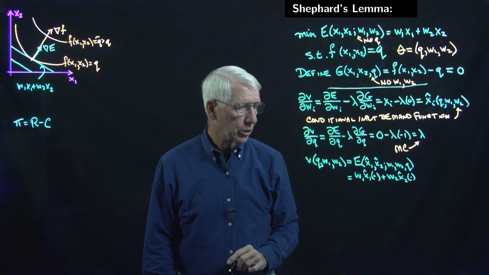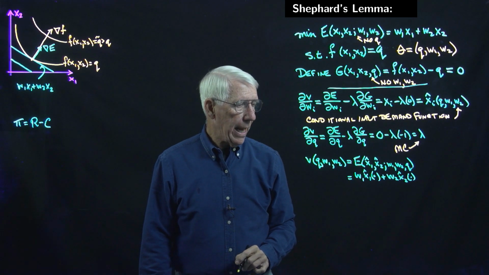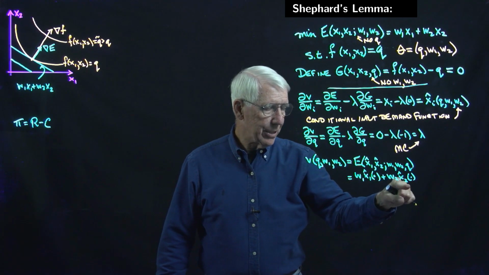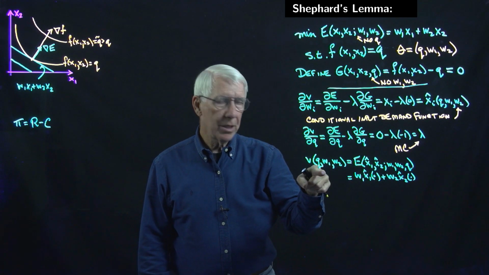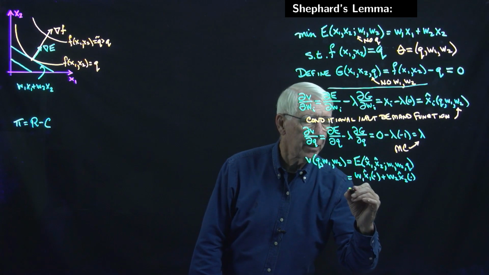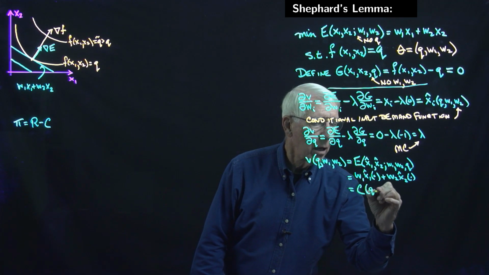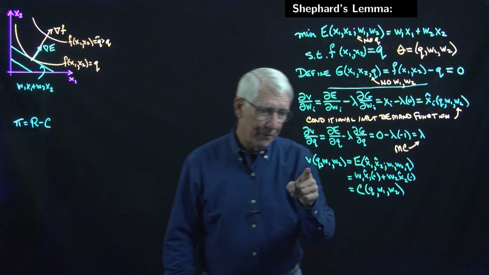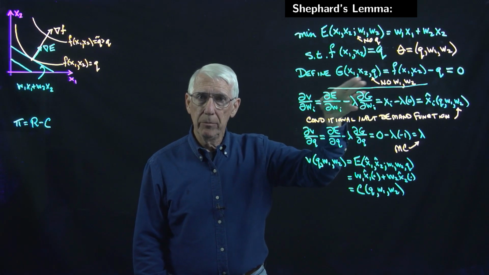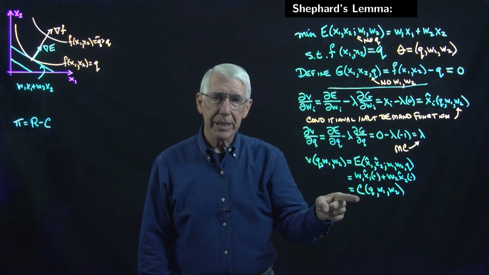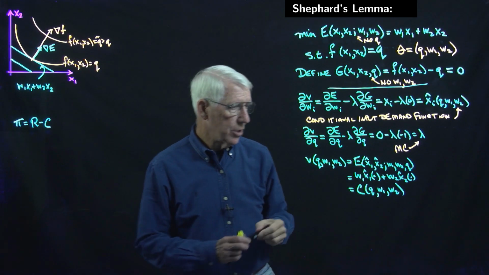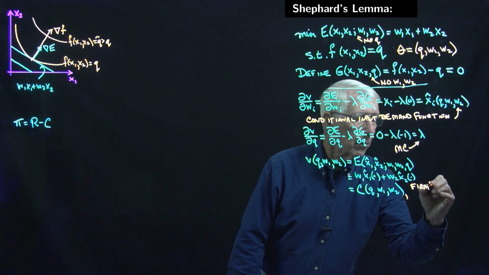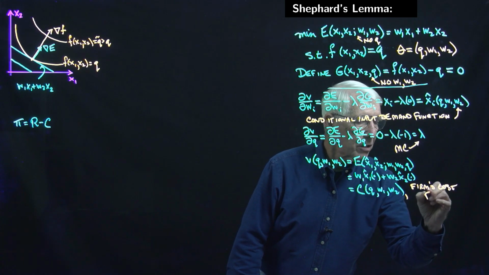So that's the value function. And that is telling us what the expense will be to produce Q units of output. In other words, this is actually the cost function. So we don't typically write the value function in this problem as V, we write it as capital C because it is the firm's cost function.